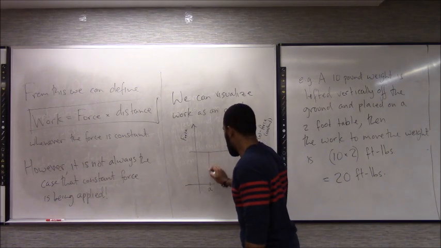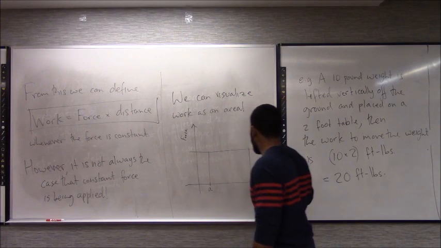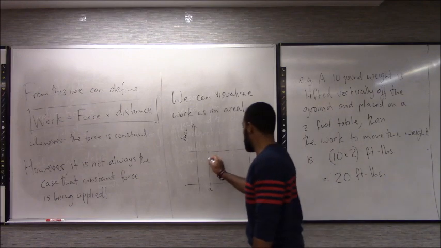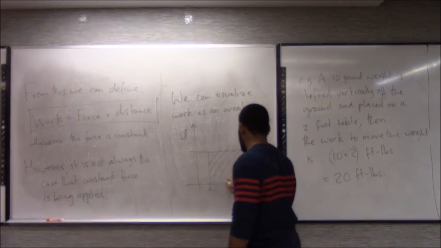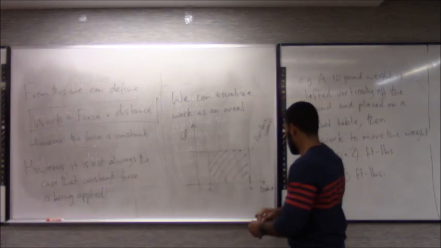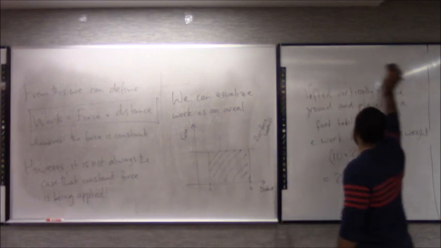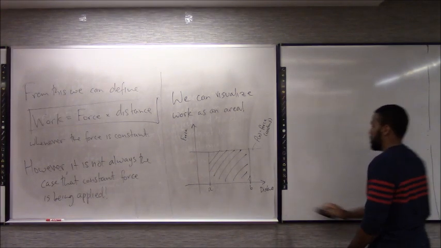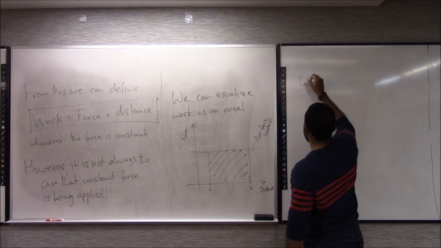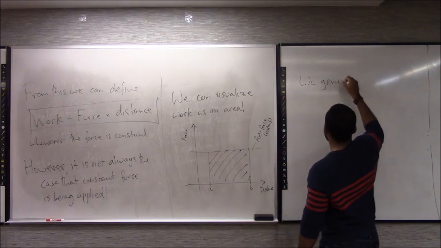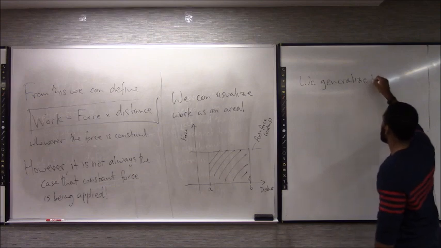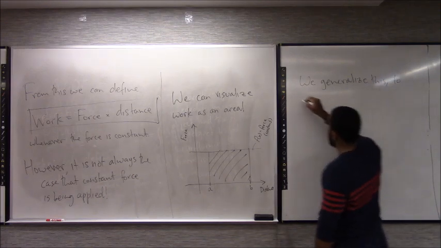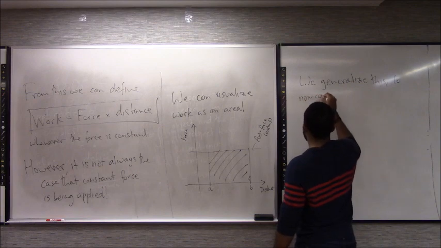Then the work needed to apply this force over the distance between A and B is simply going to be the area under this constant function. So we are going to just extend this idea, that if the force is not constant, we generalize this to non-constant forces.